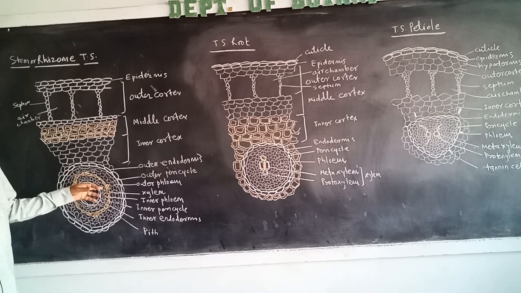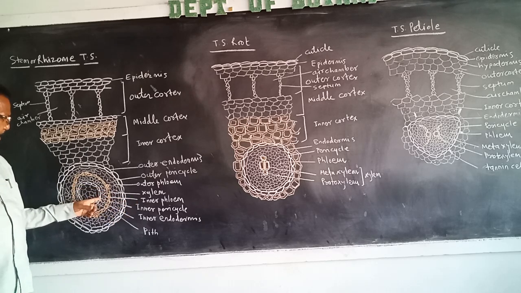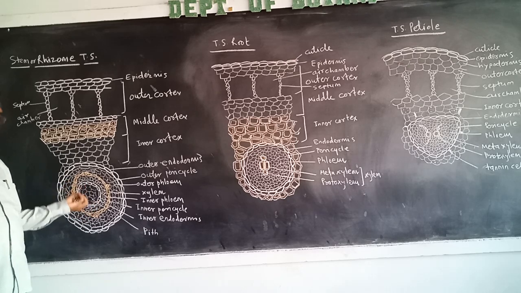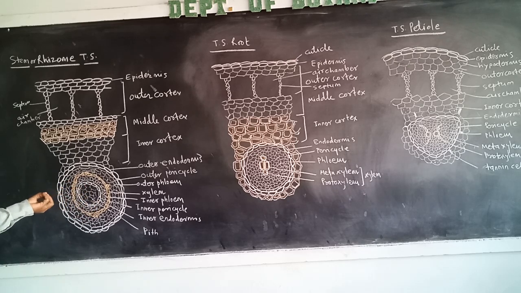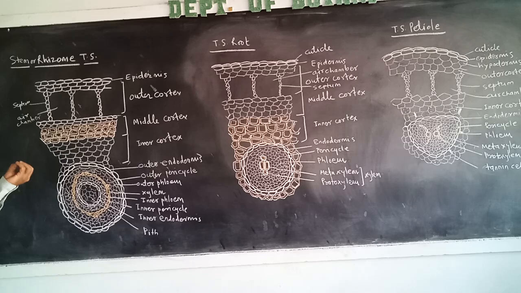Inner to the xylem, inner phloem is present, then inner pericycle and inner endodermis, and the central part is occupied by sclerenchymatous tissue, which also gives mechanical support.